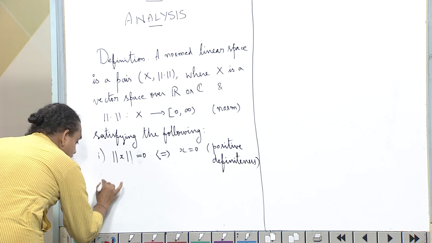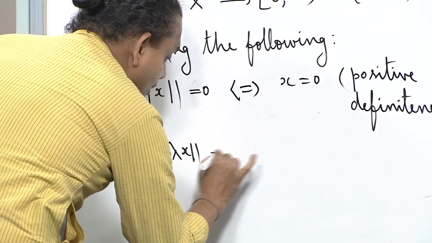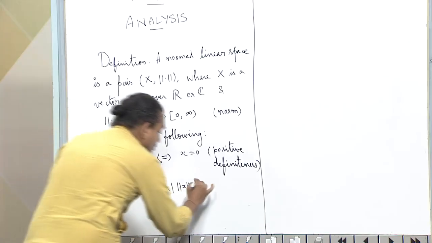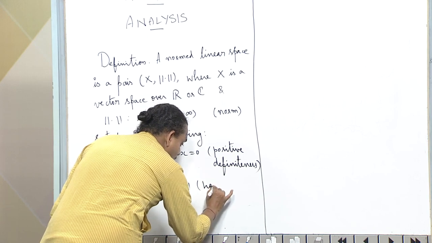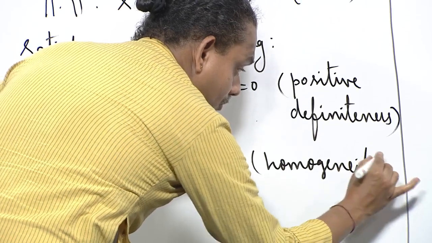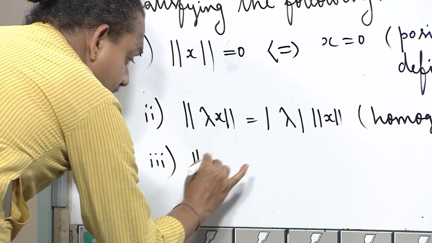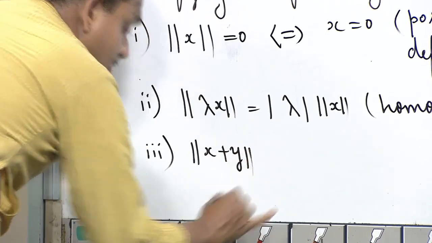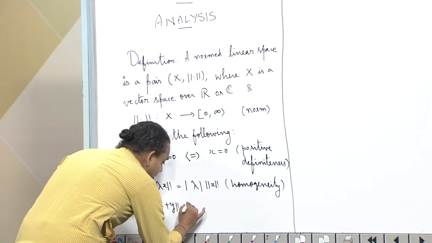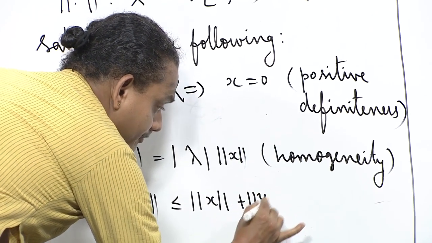Second one, norm of lambda x should be equal to mod lambda times norm x. This property is known as homogeneity. And the last one, because it is a vector space you can add two elements: norm of x plus y should be less than or equal to norm x plus norm y.